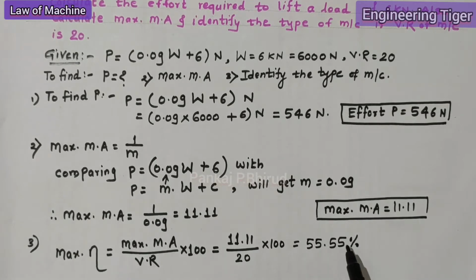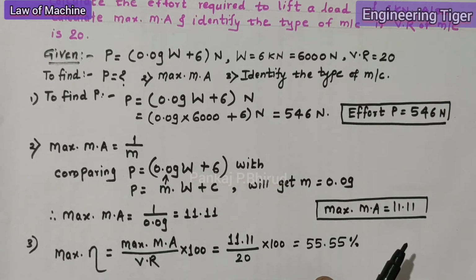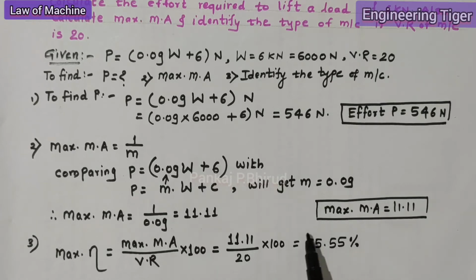Now if the efficiency of machine is greater than 50%, then machine is a reversible machine. The condition is what? If the efficiency is greater than 50%, then machine is a reversible machine. Now here it is 55.55. That means it is greater than 50%. Therefore the machine is a reversible machine.